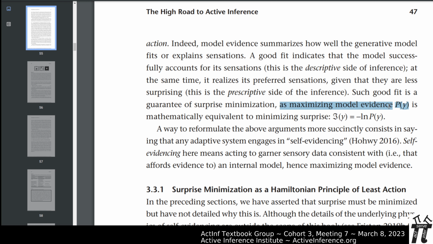Each model can then be said to have a certain amount of evidence, in the sense that it corresponds to, or could generate that data better, or it recognizes that data with less variance. And we want to select, in this situation, the model from our portfolio, or families of models that we swept over, that have the highest model evidence. And that is equivalent to selecting the model that minimizes our surprise about incoming sensory observations.